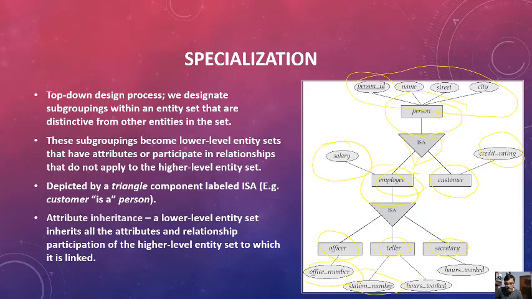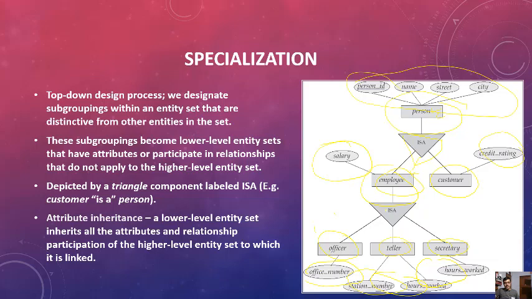Generalization. A bottom-up design process combines a number of entity sets that share the same features into a higher-level entity set. Specialization and generalization are simply inversions of each other. They are represented in an ER diagram in the same way. The terms specialization and generalization are used interchangeably.